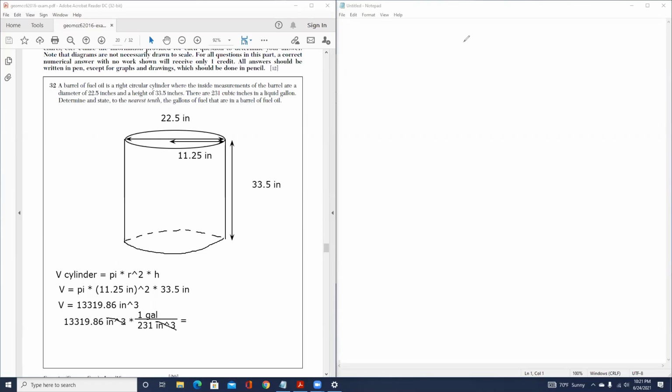Plugging this into your calculator and rounding this appropriately will get you 57.7 gallons. So that is the answer for question 32.